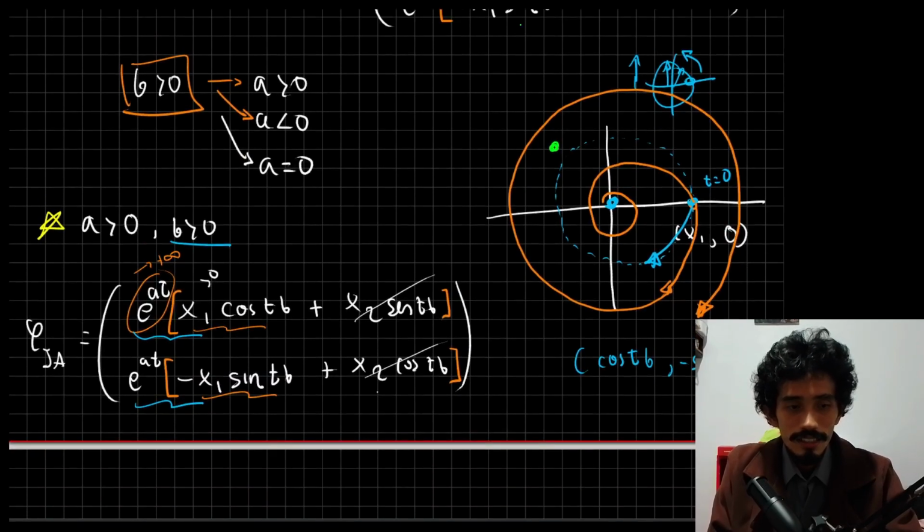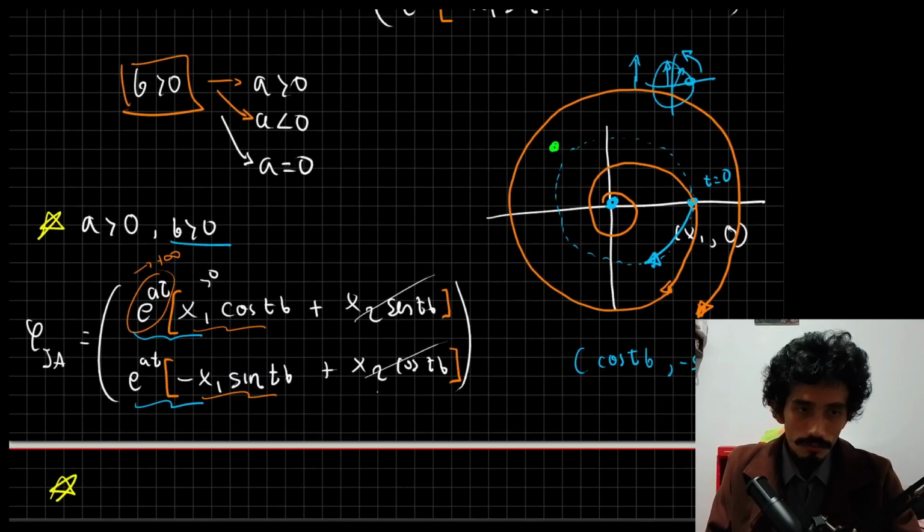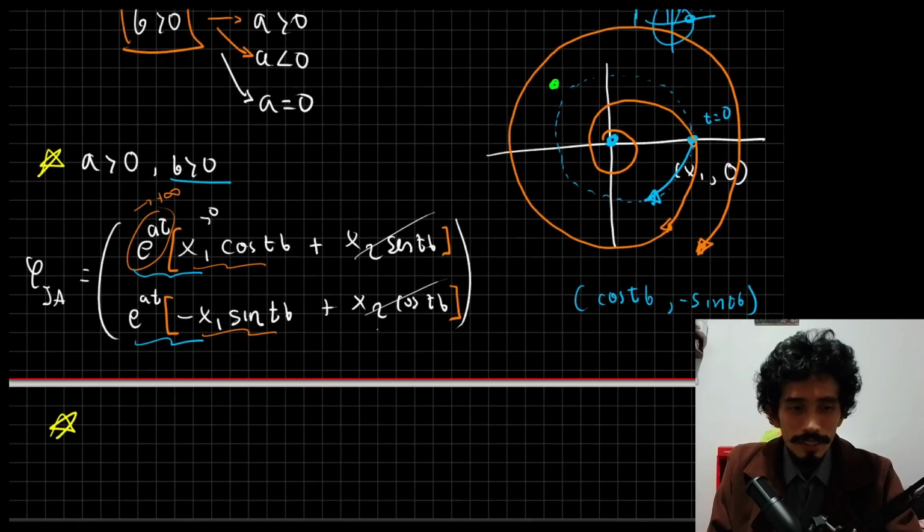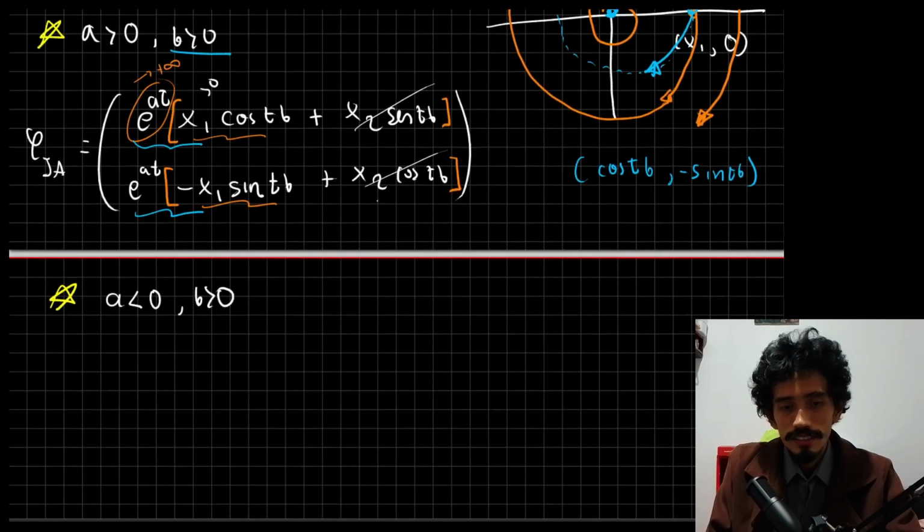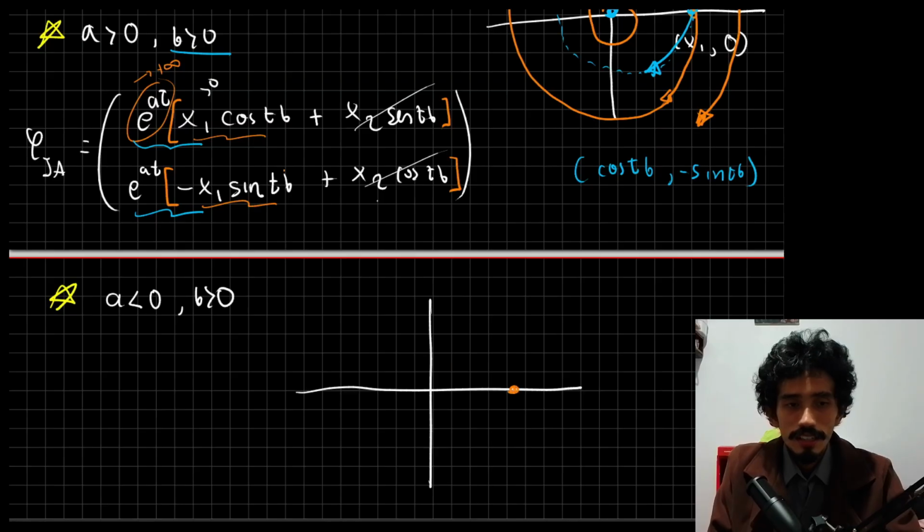Then the second case would be what happens when a is negative and b is positive. So just the same argument. Take a point here and see what happens.